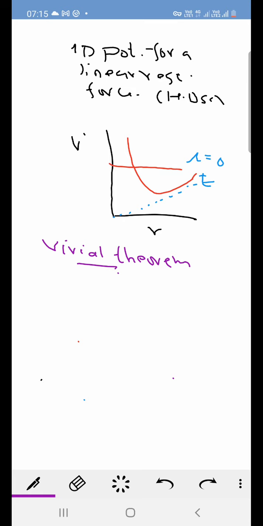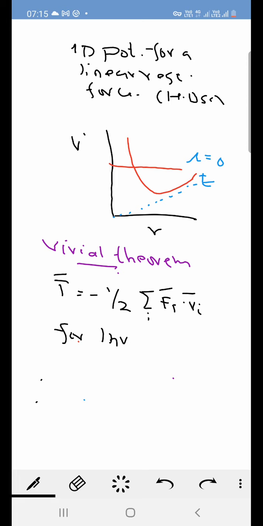It says that T, the total kinetic energy, is equal to minus half summation F dot R, and for the inverse square law, twice T plus V is equal to 0.